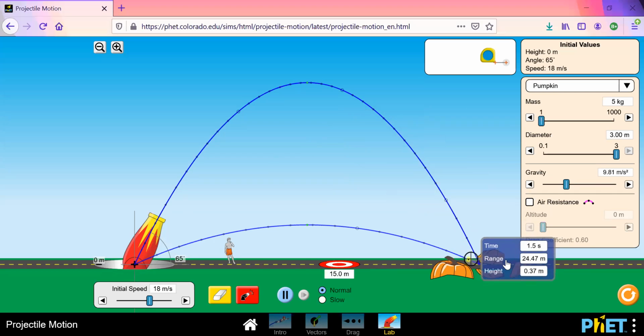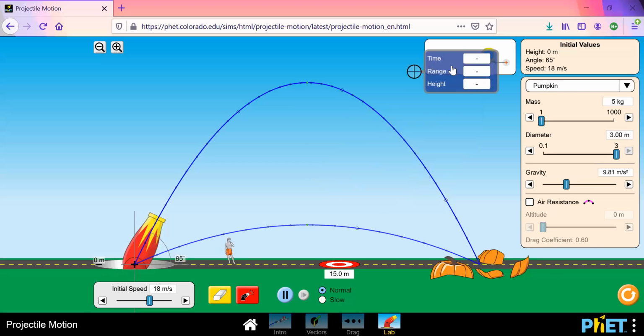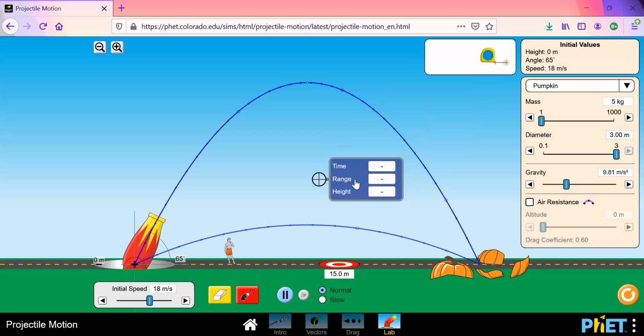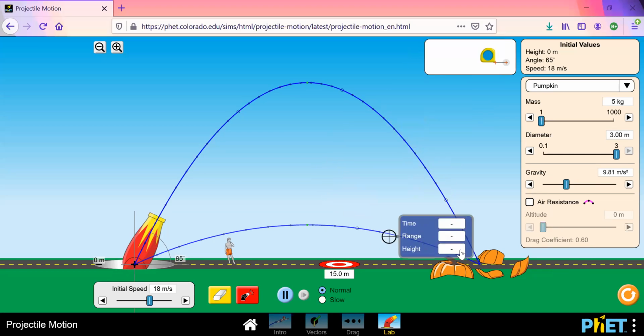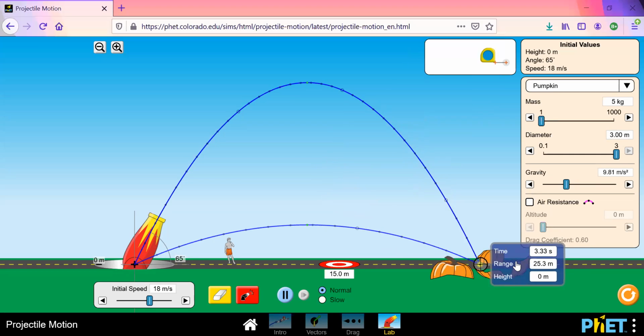You can take this guy, pull him down. If you have this on your screen, you should just pull it from over here, and just triangulate this dial on top. You can see that the horizontal distance, or the range as we call it, is 25.3 for both essentially.